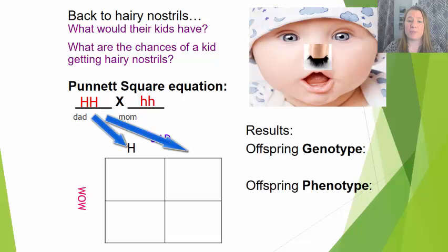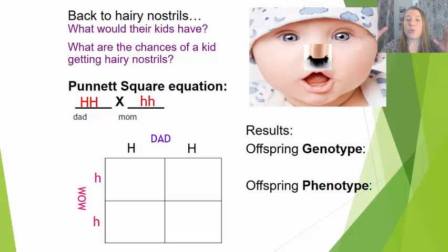Now the dad puts a capital H over the left column, capital H over the right column. The mom puts a lowercase h by the top row and a lowercase h by the bottom row. Now we fill in our square, just bringing that capital H down, bringing that lowercase h across.